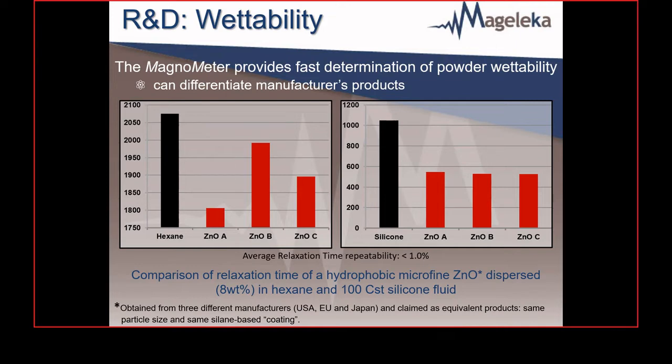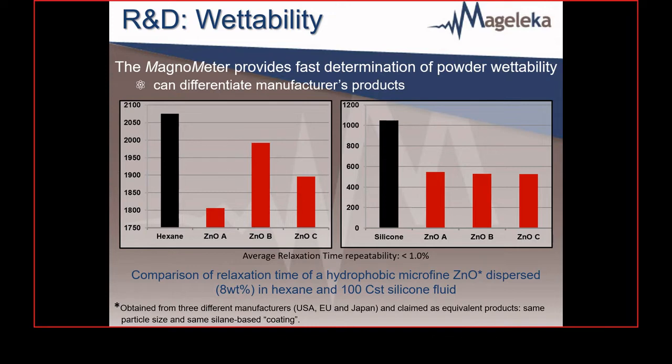So it demonstrates here how well NMR relaxation can be used not only for fast determination of simple powder wettability, but to discriminate materials based on coatings on their surface chemistry. And by the way, this data here is actually one of the main subjects of the Powder Technology paper mentioned in the previous slide itself.